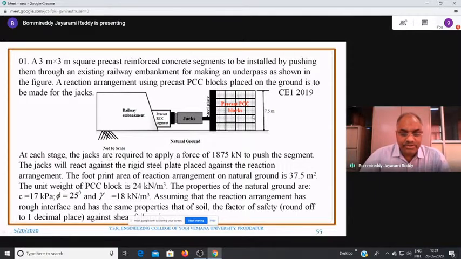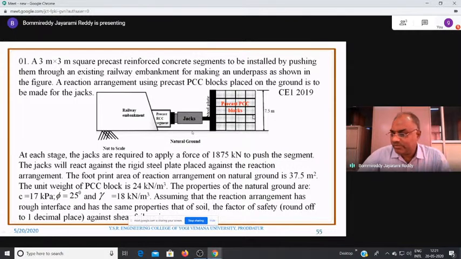The footprint area of the reaction arrangement on the natural ground is 37.5 square meter. Footprint of the area of the reaction arrangement. You know that this is the reaction arrangement. For this reaction arrangement, at the bottom, the total area is 37.5 square meter. Unit weight of PCC block is 24 kilonewton per meter cube.